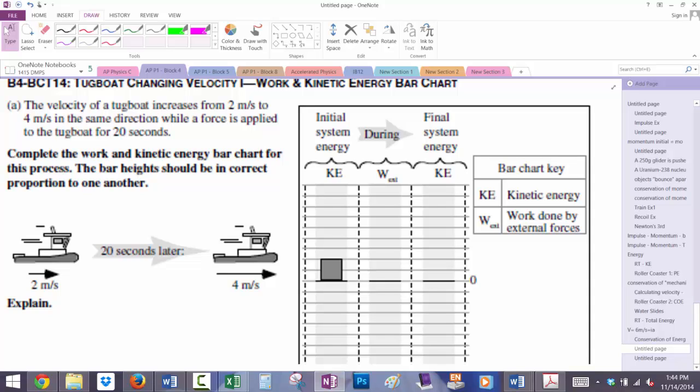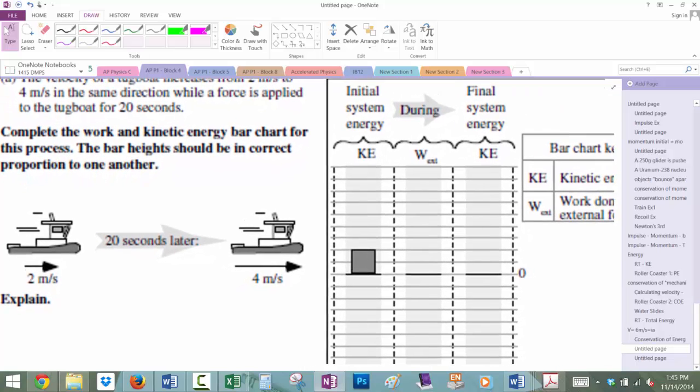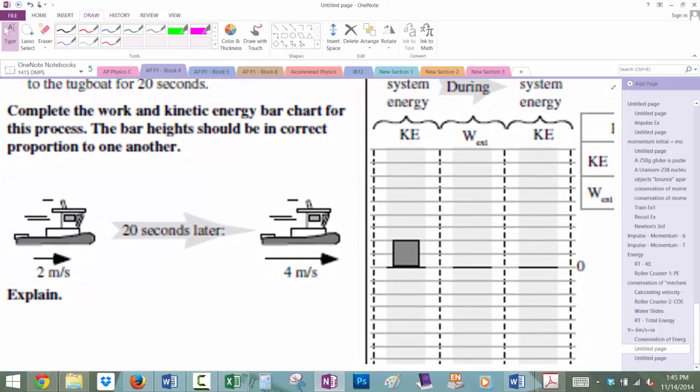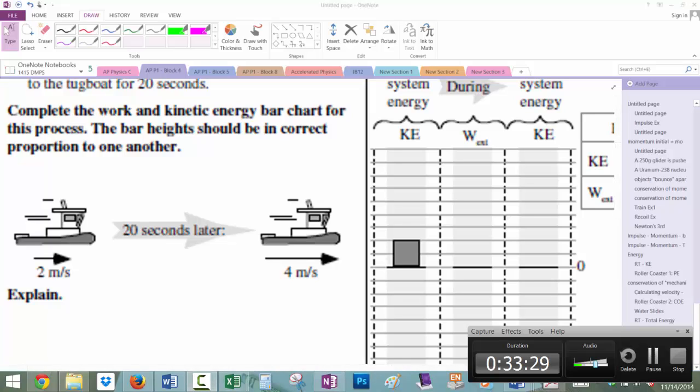This one wants the bar heights to be proportional so that this matches. I want you to talk to your neighbors about how you might do this and write it on your boards. Let me make this a little bit bigger. Have a conversation. See if you can figure it out.